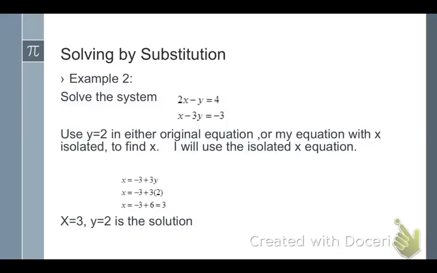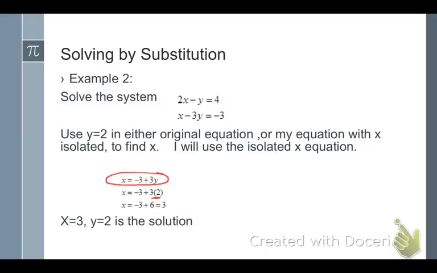It's better to go back to an original, but here I also showed you can use the isolated x equation. If you go back to an original, it'll show you if you made a mistake somewhere else along the way. But I took the value of y equals 2, and here was that equation 2 that I solved for x. Replace that with y. Now I know x is -3 plus 6, which is 3.